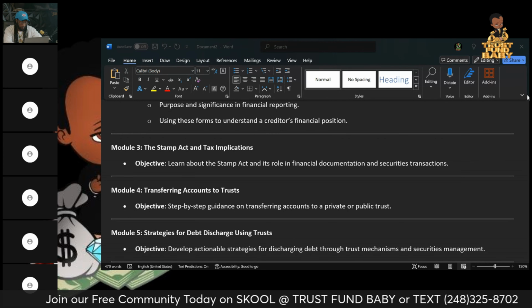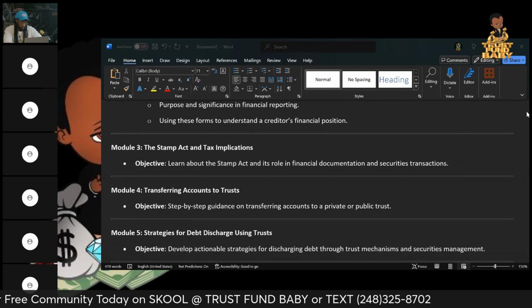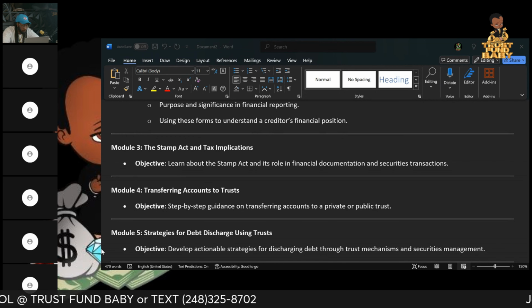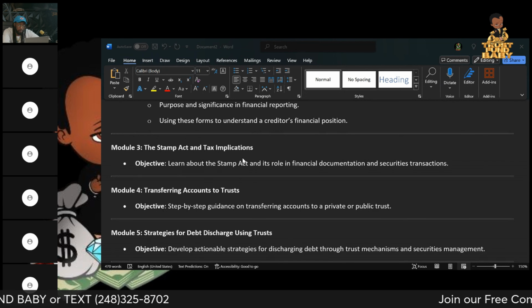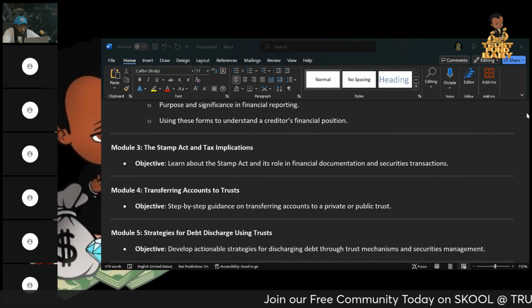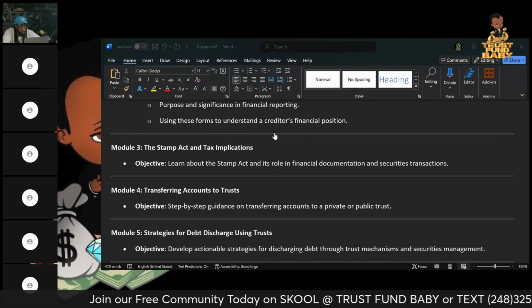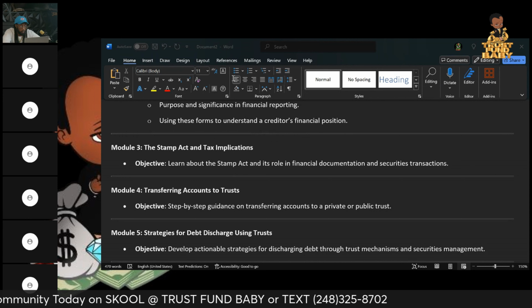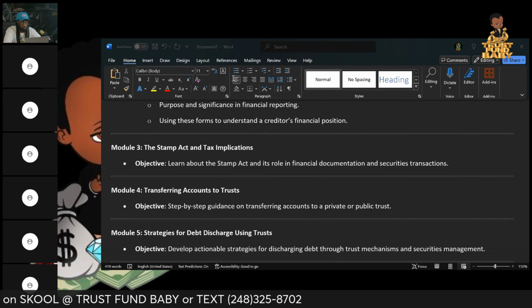Yeah, the Stamp Act of 1765. Let me open it for you so you can see, because it literally lists out the payments. Stamp Act PDF.